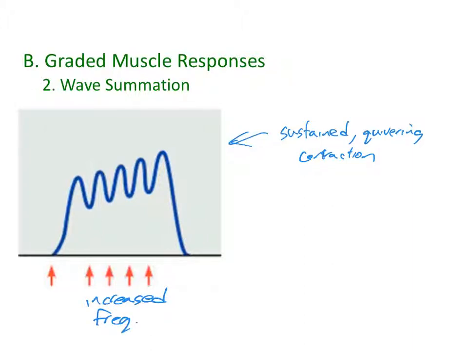And what this is called is unfused tetanus. It's also called incomplete tetanus. The reason it's called incomplete or unfused tetanus is there's a little bit of relaxation between each of these peaks. So if there was no relaxation, that would be fused tetanus, which we will see in the next slide.